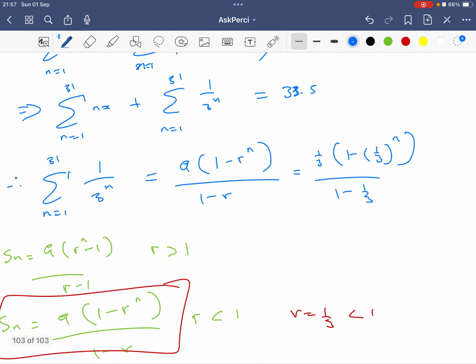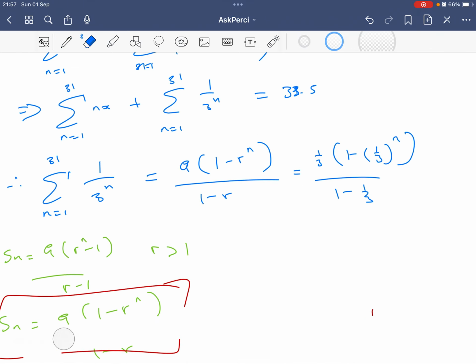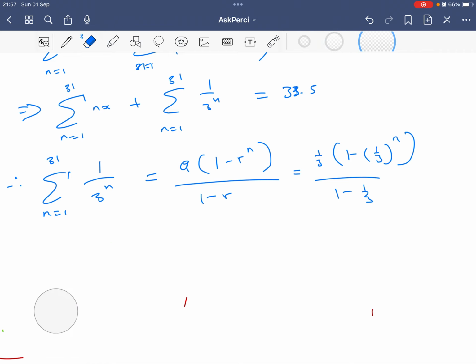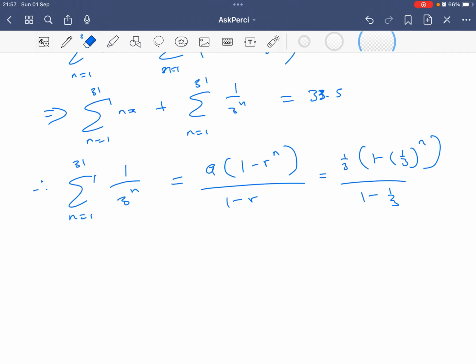Let me rub this off. Let me know if you didn't understand here; I'm happy to clarify. The n here and the n in the sum are not the same.